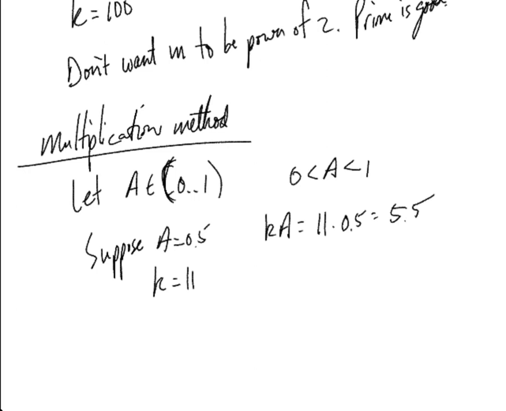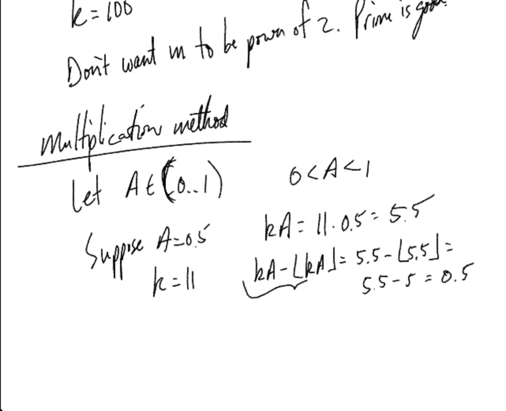Now, if we look at ka minus the floor of ka, what is that? Well, ka is 5.5 minus the floor of 5.5, which is 5.5 minus 5, which is equal to 0.5. What this does is extract the fractional part.